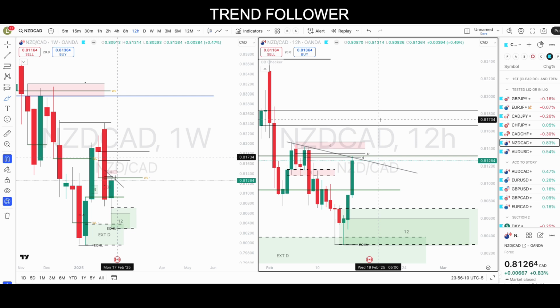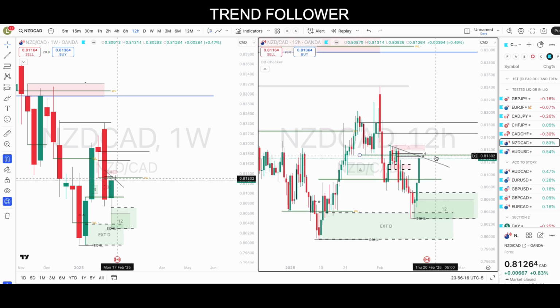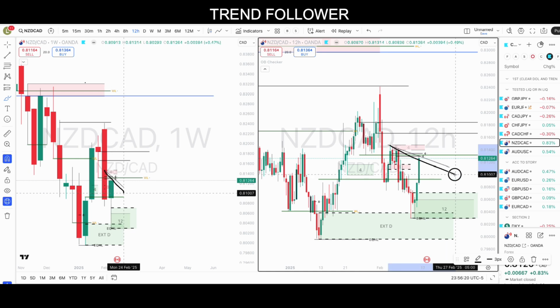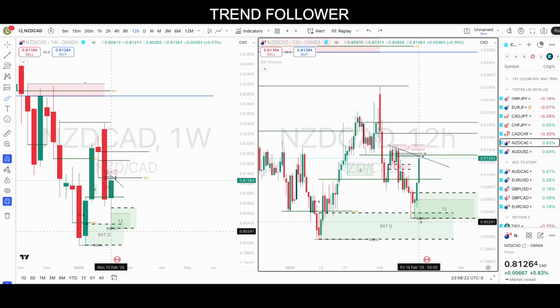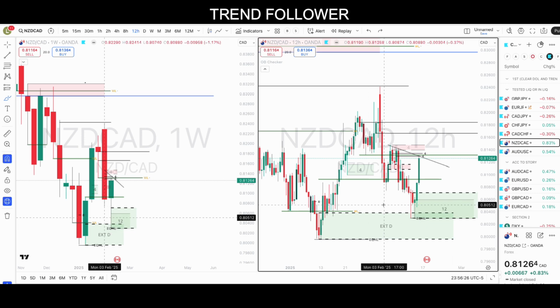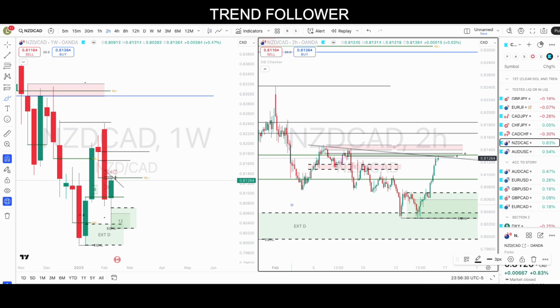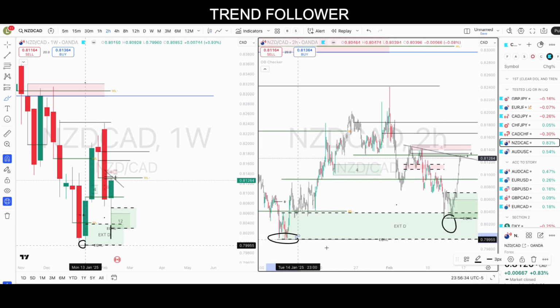with NZD CAD, what I really love about NZD CAD is it's leaving a lot of liquidity behind. So firstly there's a trend line, right? Equal highs, lows here, equal highs. I think it's more. Let me move it to 1 hour so you can clearly see it. Look at those beautiful equal highs, lows, right? 1 and 2, right?